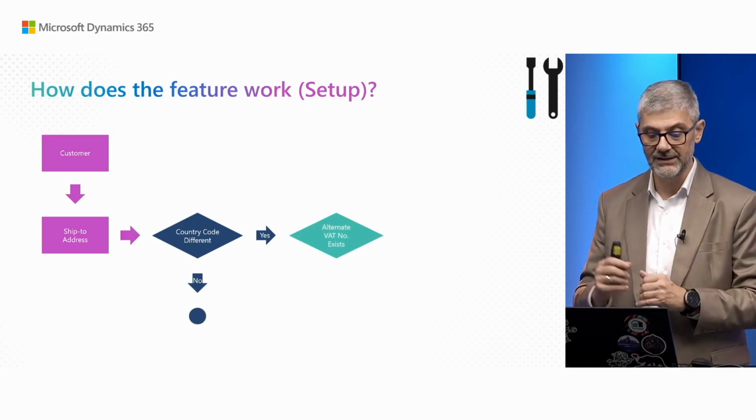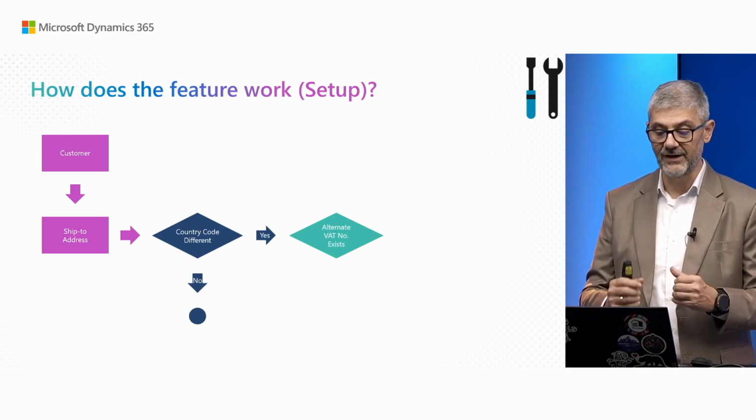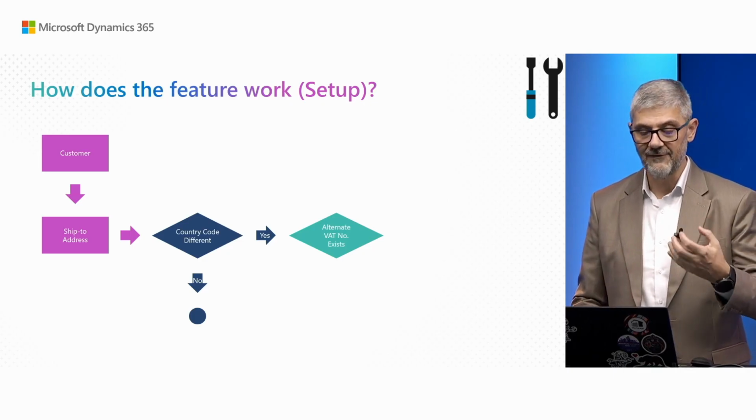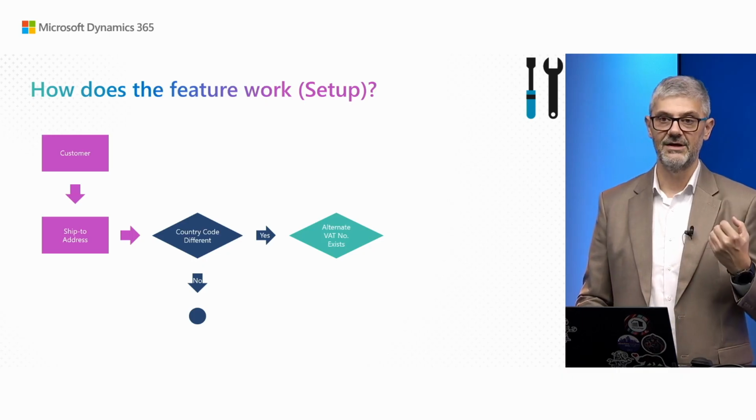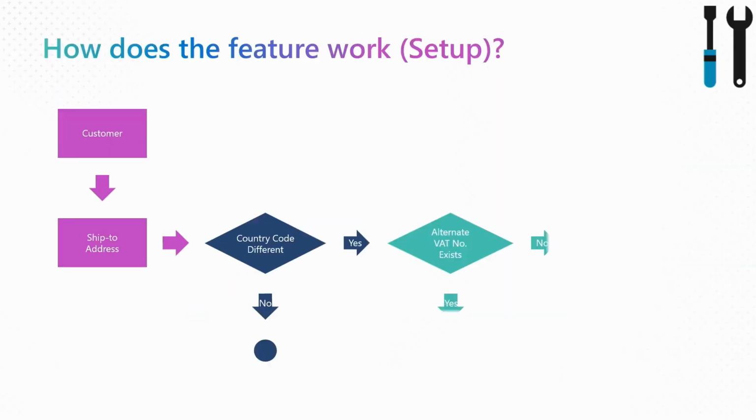But if the country code is different, the system will first check if you already have an alternative VAT number configured for the country related to this ship-to address. If yes, nothing will change. That's normal. But if you don't have one, you will be notified.